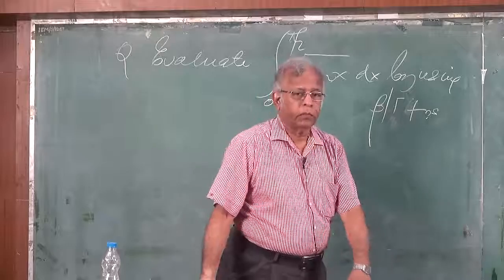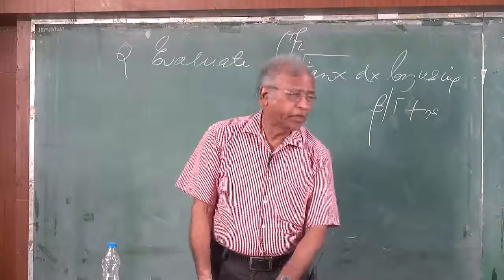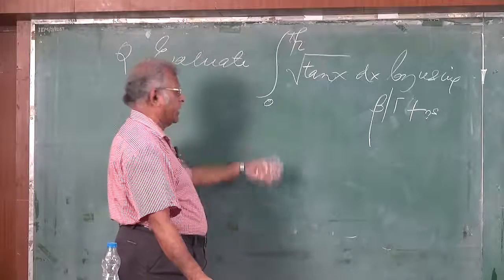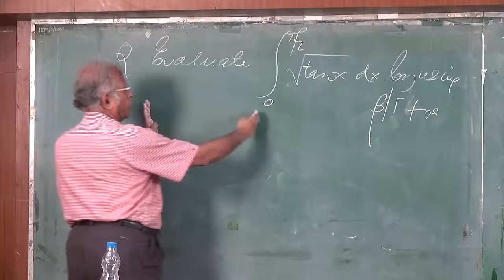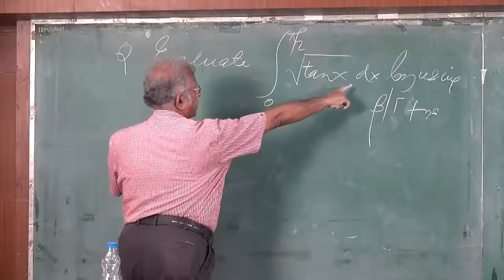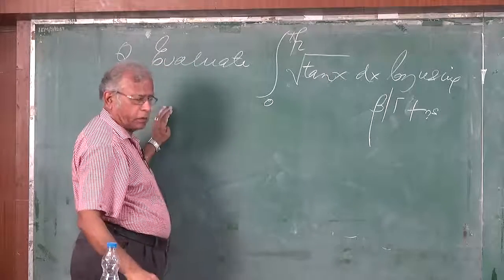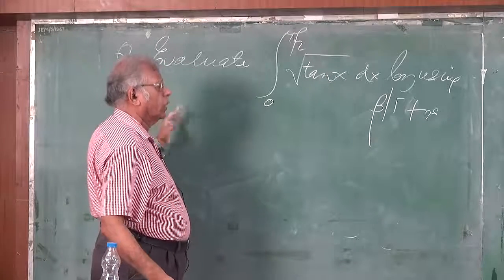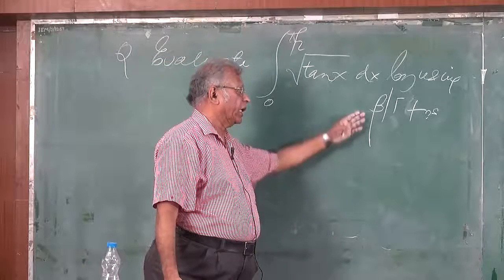With the last problem which I put up on the board for this basket of problems, probably the fifth or sixth, reads thus: evaluate the integral from 0 to pi by 2 of under root of tan x with respect to x by using beta gamma functions. Normally in an examination no question may be worded like this.